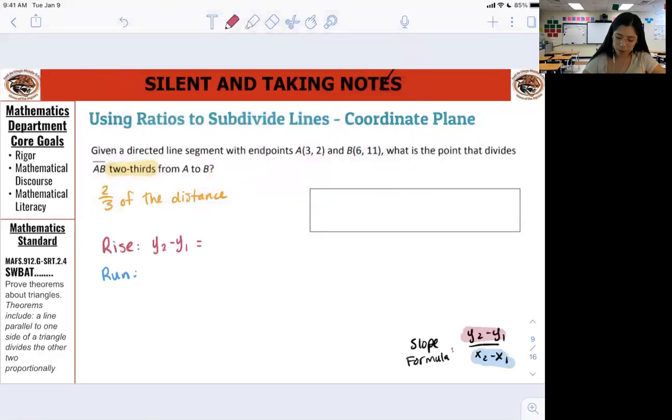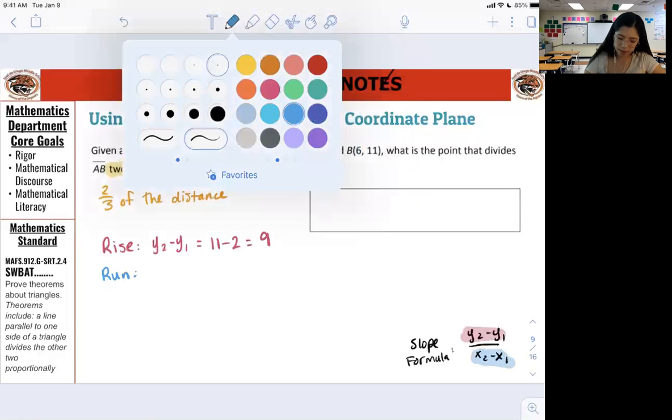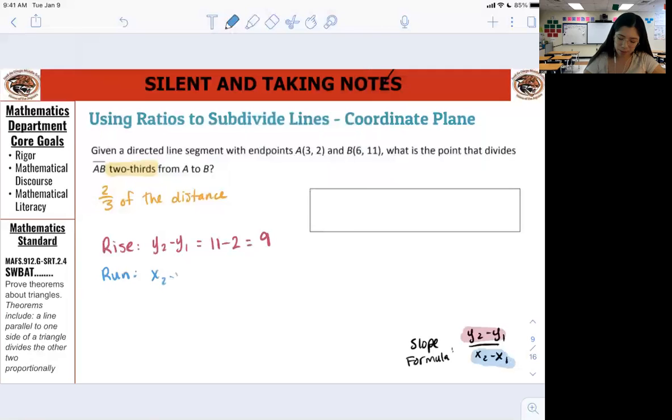11 minus 2, which gives me 9. That's my rise. What's my run? Same thing. This time I'm doing x2 minus x1. 6 minus 3, which is 3. What do I do now? I have my rise, I have my run.